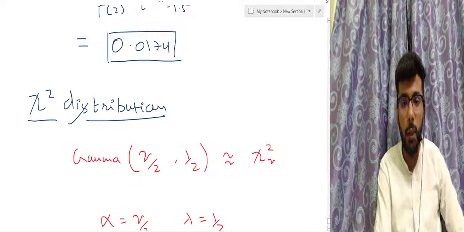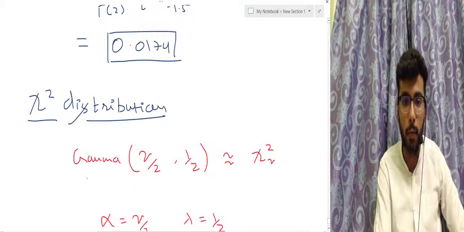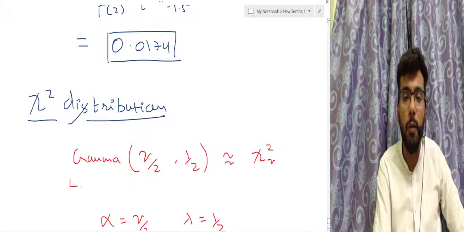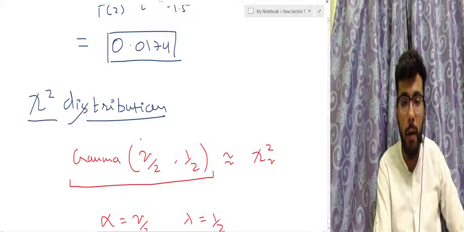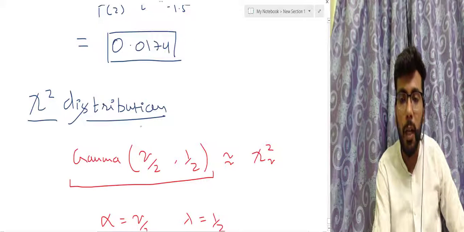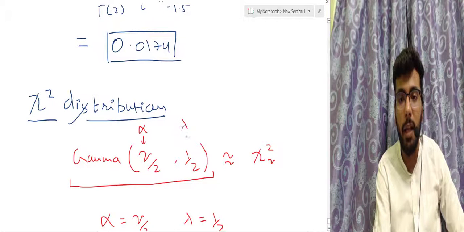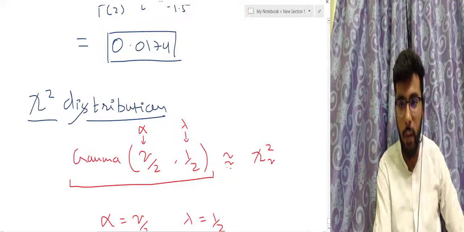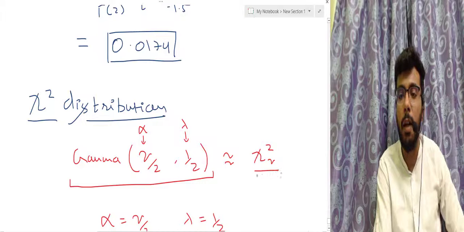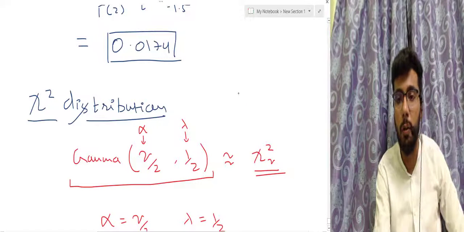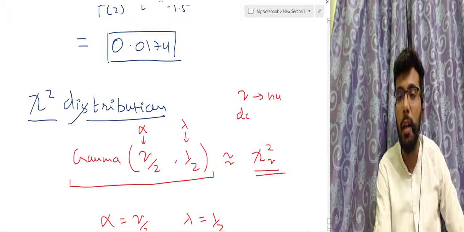Chi-square distribution is a special case of the gamma distribution. Basically, if you have a gamma nu by 2 comma half distribution, that is, you replace alpha with nu by 2 and you replace lambda with half, then that is the equivalent of chi-square nu distribution. Nu here is the Greek letter nu, which represents the degrees of freedom.